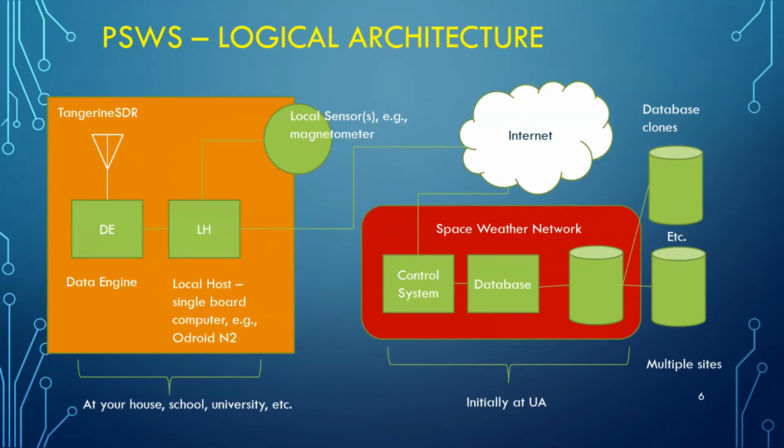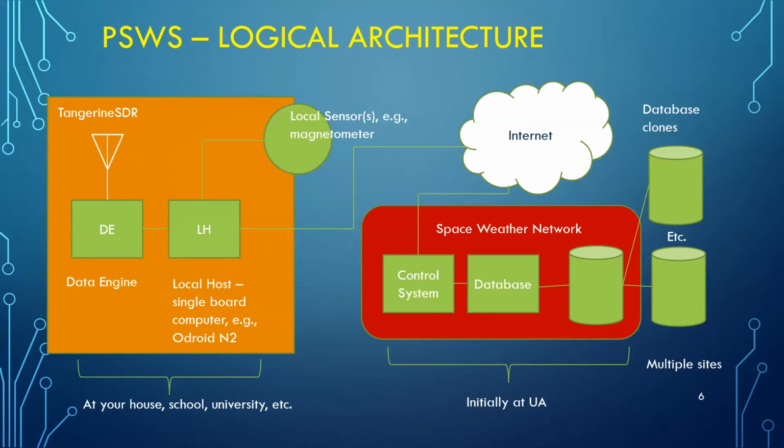So let's talk about the personal space weather station network. On the left, you see the Tangerine SDR, which includes both the data engine that Scotty has talked about and the local host. That's what I call the single board computer, for example, an Odroid N2. There's more than one way to design that.